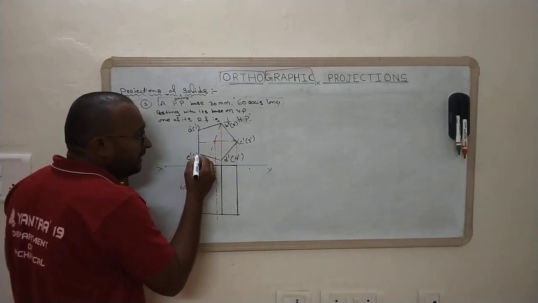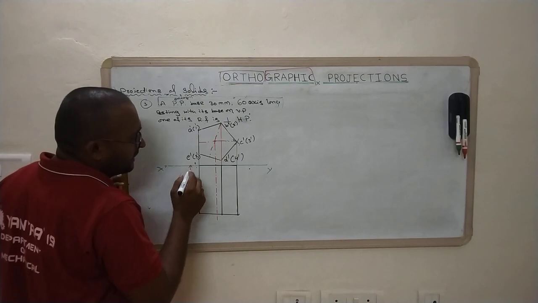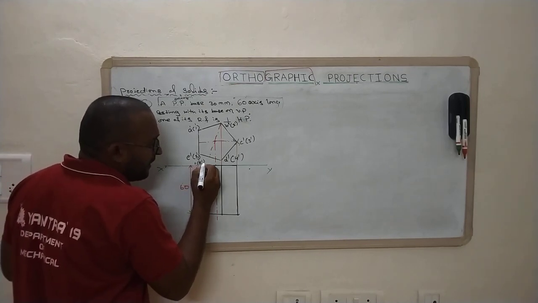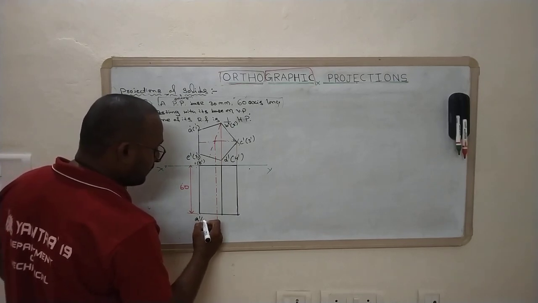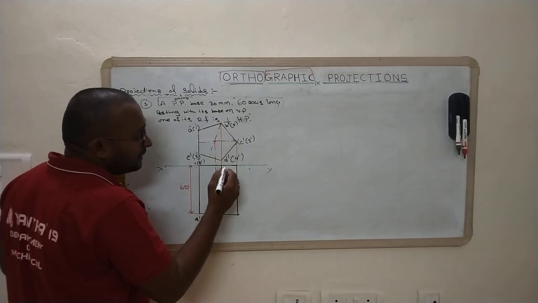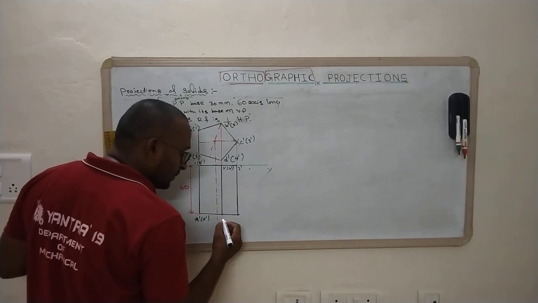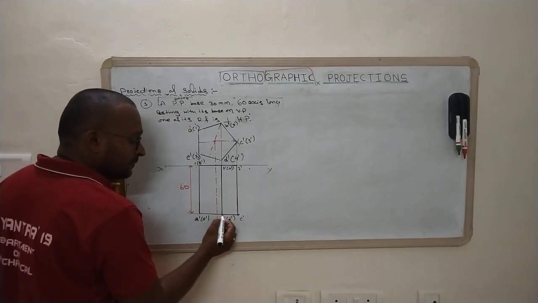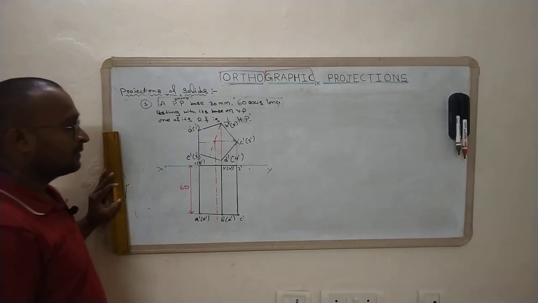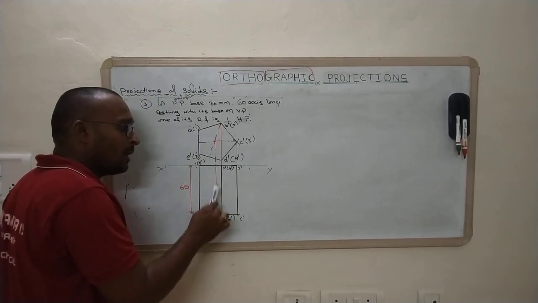So here we will get the vertical line 1 dash 5 dash, then A dash E dash, then 2 dash 4 dash, and then 3 dash, here B dash D dash, and here C dash. So this is the finalized front view and the finalized top view of the given problem.